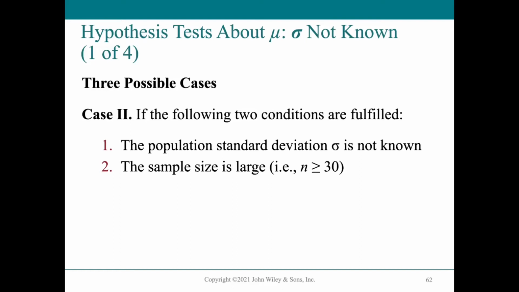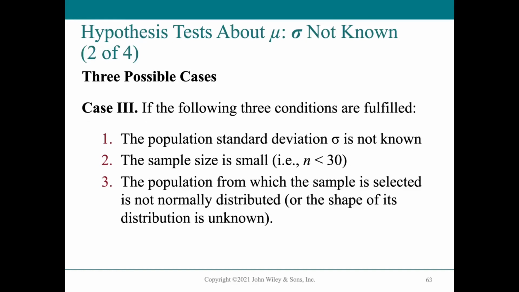The rule of thumb for a large sample size is greater than or equal to 30 elements in the sample. And the last case: you have unknown population standard deviation, a small sample size of less than 30, and the shape of the distribution is not normal. So that's case number 3.